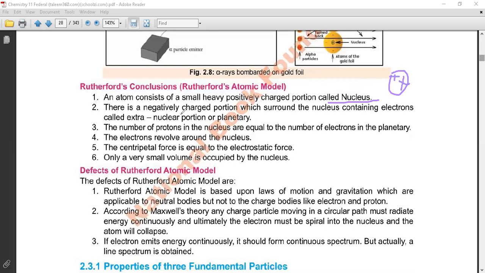There is a negatively charged portion which surrounds the nucleus, containing electrons. He also said that there is an extranuclear part, around the nucleus, in which electrons are present.